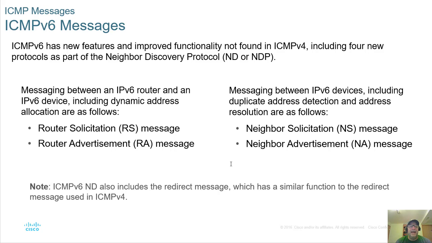ARP was chosen as the IPv4 method that devices would use, and the neighbor and router solicitation messages from ICMP were turned off.